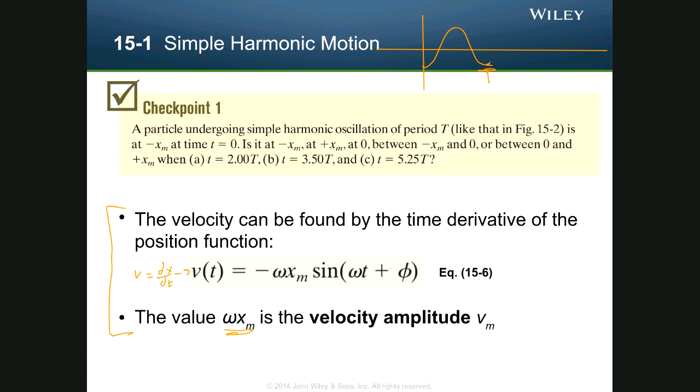I want you to notice that your answers should be, are you at one of these three positions, and then you have these two between answers, or between 0 and positive x.